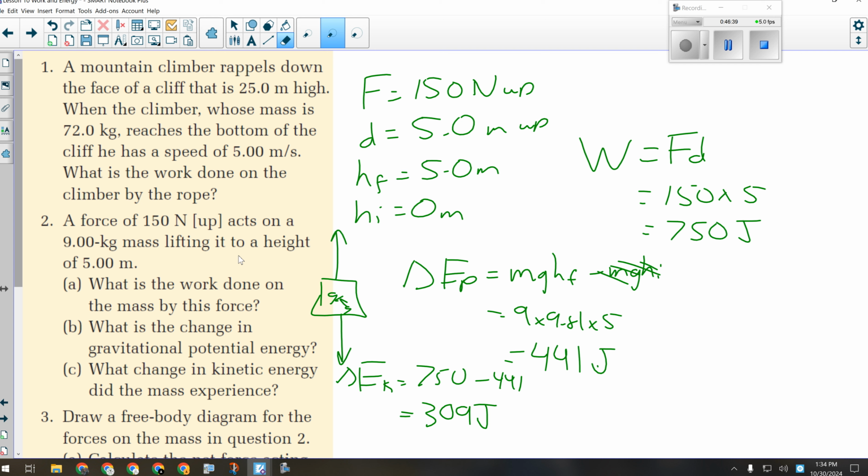Okay, so what's my net force then? I used 150 newtons to raise this. Gravity's only 88.29. What's my net force? Right, I just have to subtract the 2. F net equals the 150 minus the 88.29.